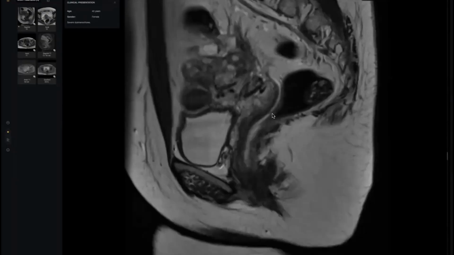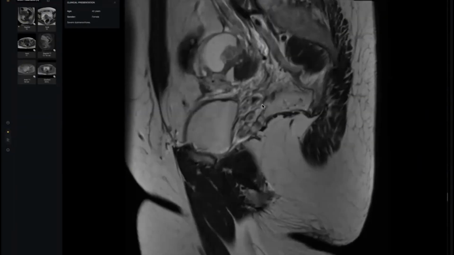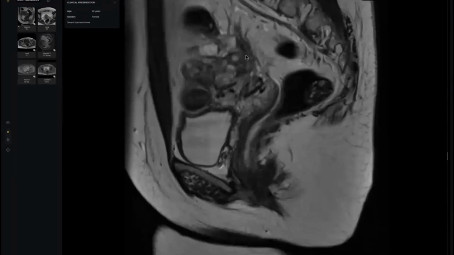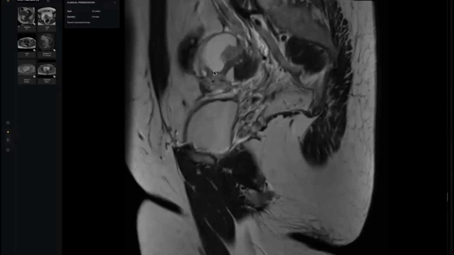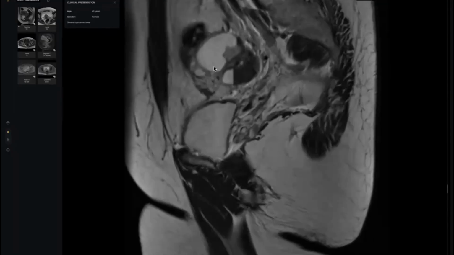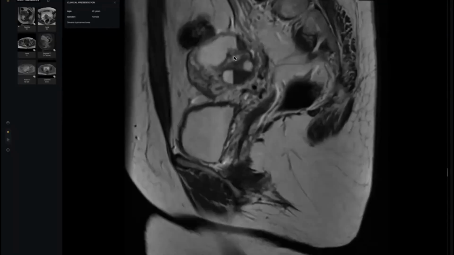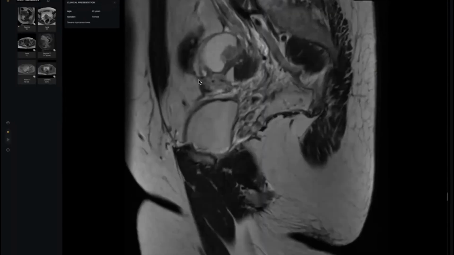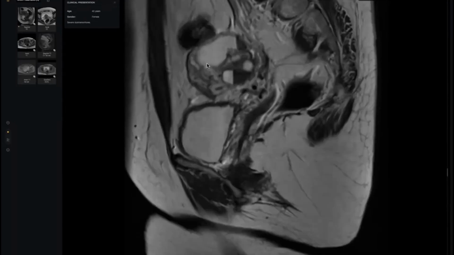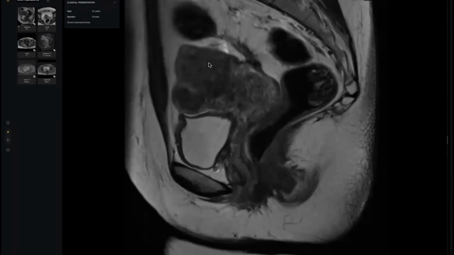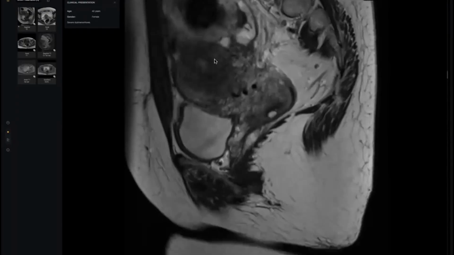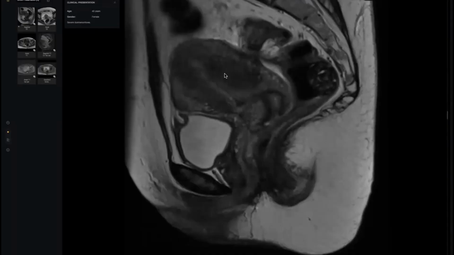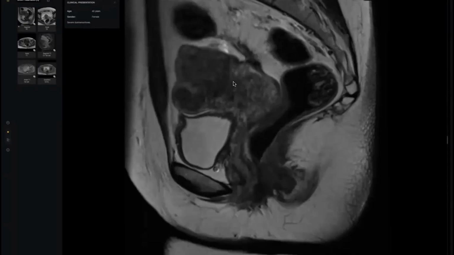Looking at the other area, I can see evidence of a T2 hyperintense lesion within the adnexa. I will confirm it on the axial images to further characterize it. There are a few Nabothian cysts noted within the cervix.